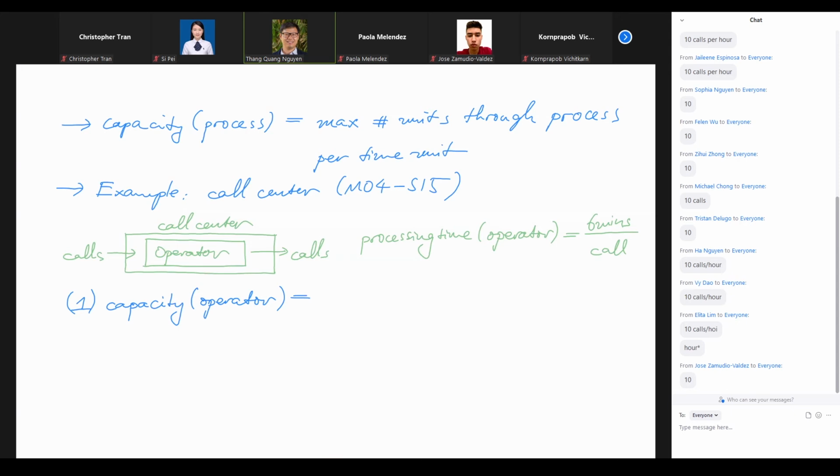The capacity of the operator in this case is a flip side of the processing time, right? So we take 1 divided by 6 minutes per call. Then the call will be flipped up, right? So in everyday language, we might say it as the operator can handle 1 call every 6 minutes. The same information right there. We just say it in the other way.